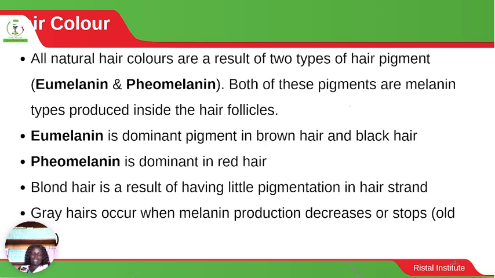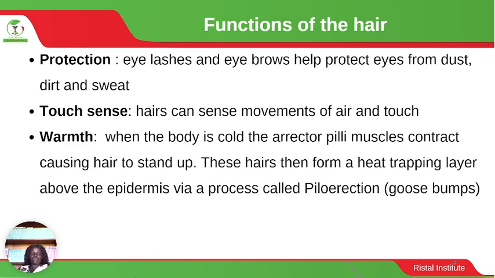Pheomelanin is dominant in red hair. Blonde hair is a result of having little pigmentation in the hair strand. Then gray hairs occur when melanin production decreases or stops, and this is majorly during old age.